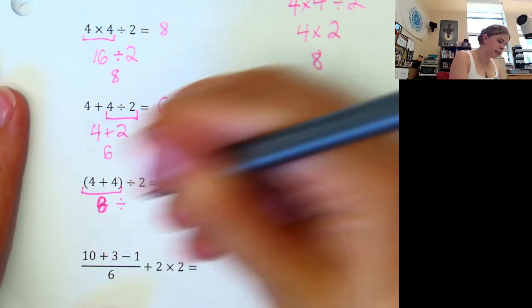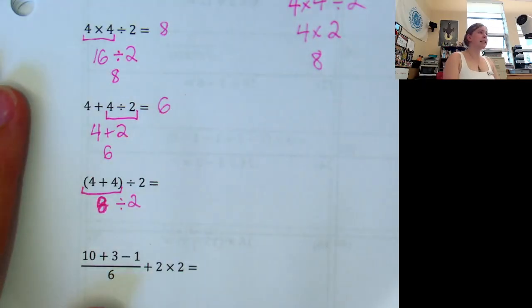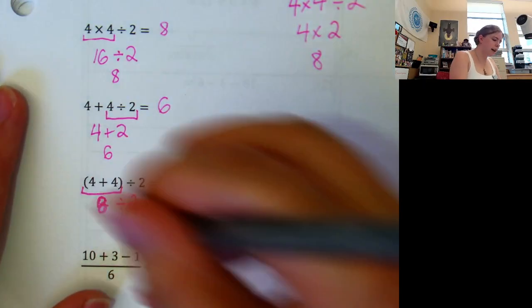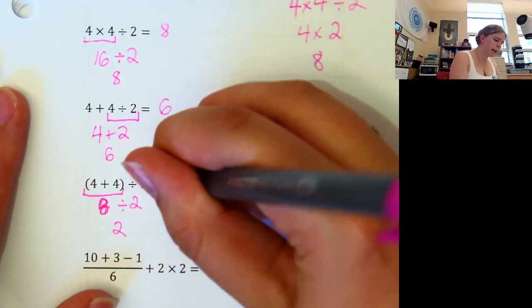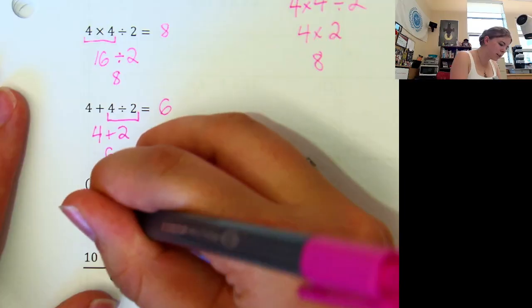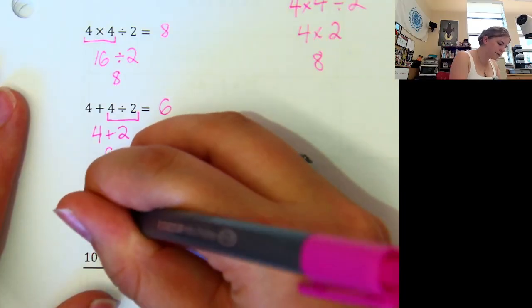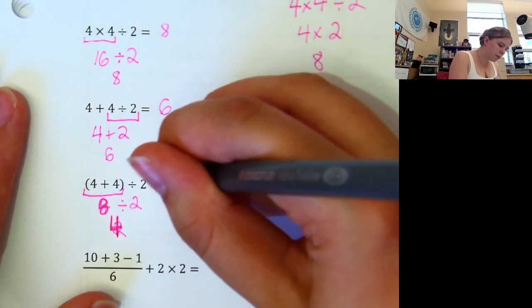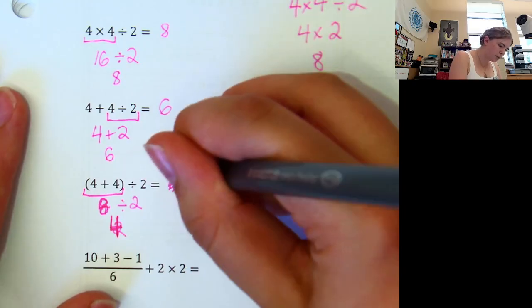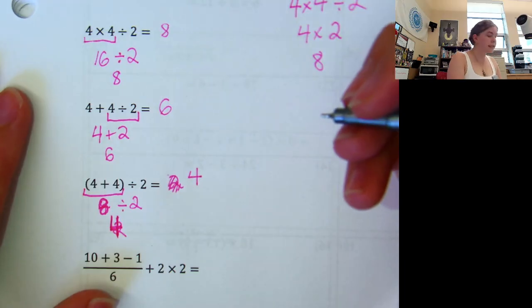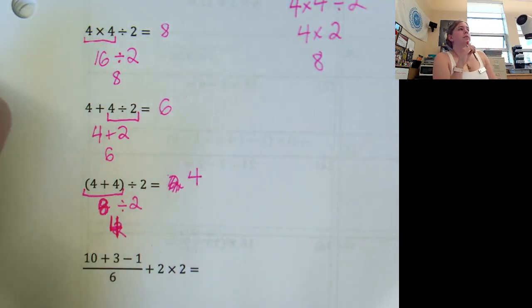That is not right. Okay, 8 divided by 2 is? 4. Lovely. All right, so that is 4. My brain has decided that 2 means 4 and 4 means 8, which is obviously not correct.